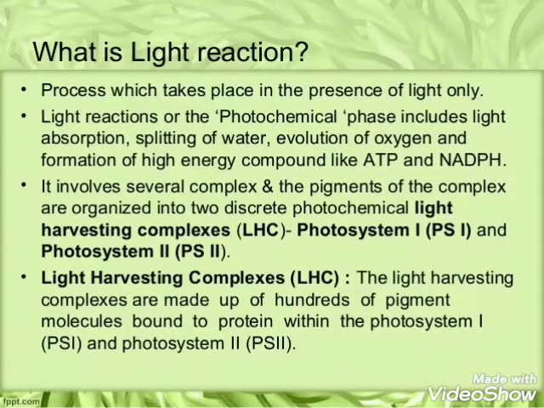Now what is light reaction? As the name indicates, it is the process which takes place in the presence of light only. Light reaction or the photochemical phase includes light absorption, splitting of water, evolution of oxygen, and formation of high energy compounds like ATP and NADPH.